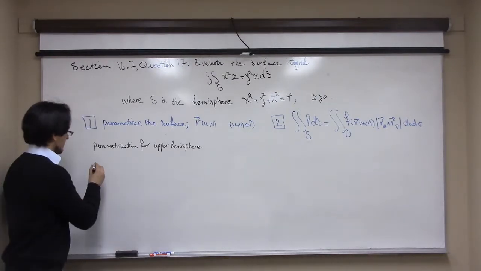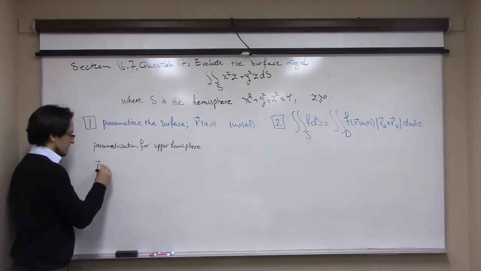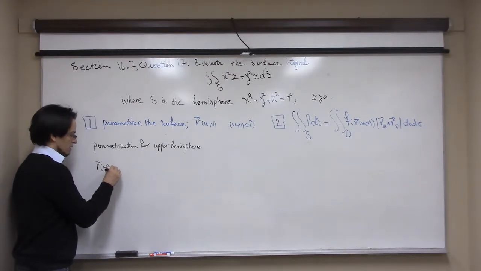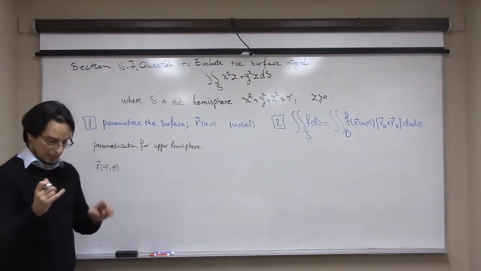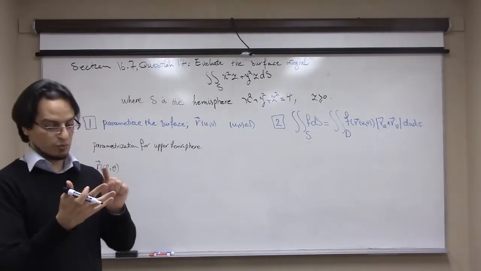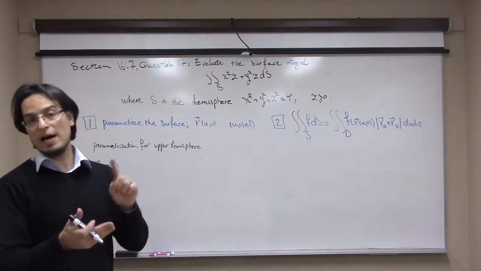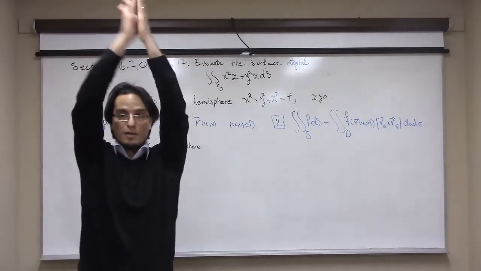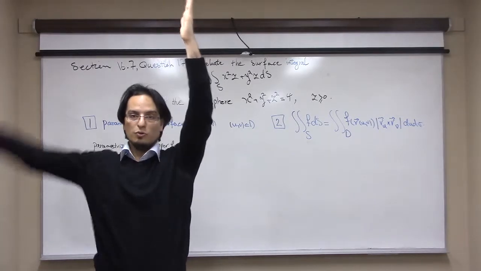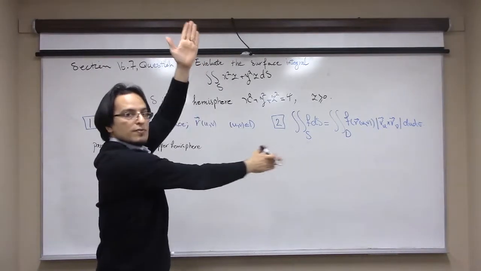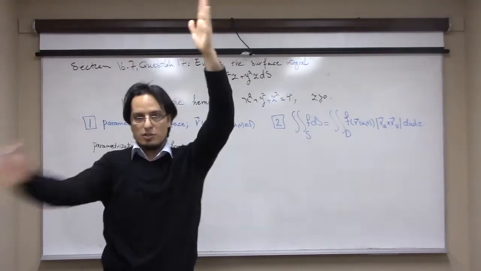Spherical coordinates have three pieces: one rho, second phi, then theta. Phi goes from 0 to pi, and theta goes from 0 to 2 pi. So you just do that.